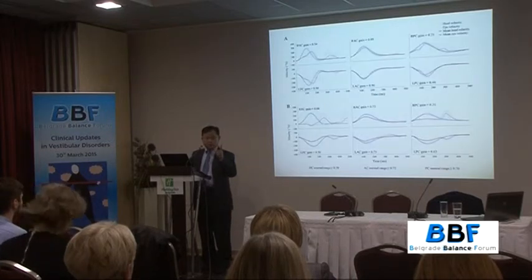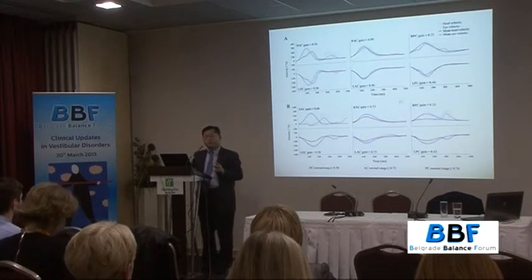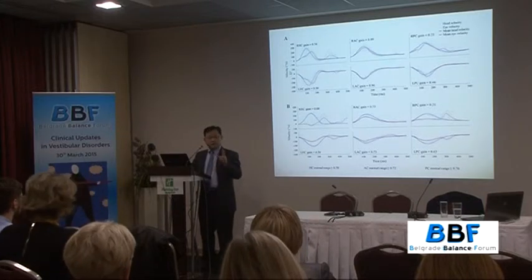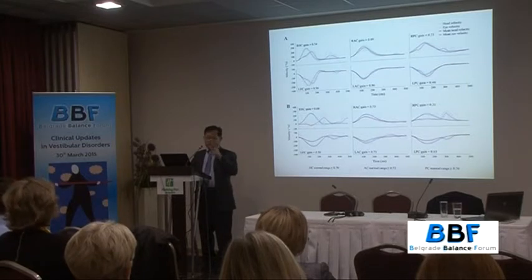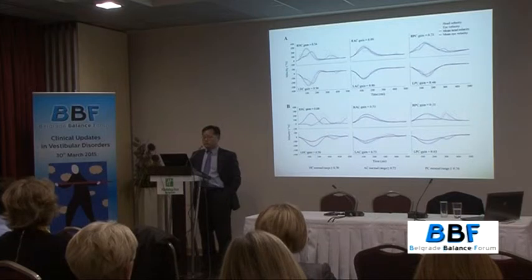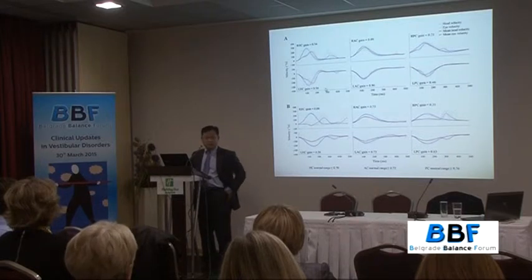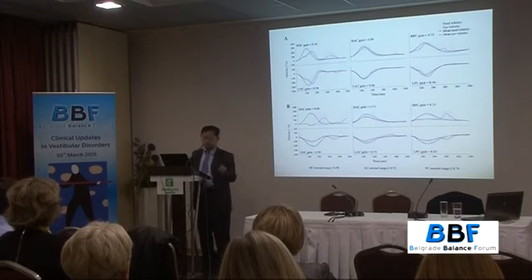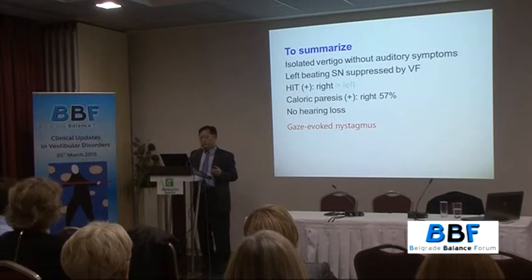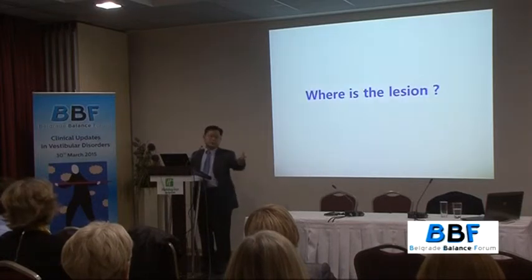And we measured the head impulse using the magnetic search coil technique because we were a little bit suspicious about the head impulse test to the left. We found decreased gain to the right, but also decreased gain to the left. So the head impulse was impaired in both directions, but more to the right. So where is the lesion?